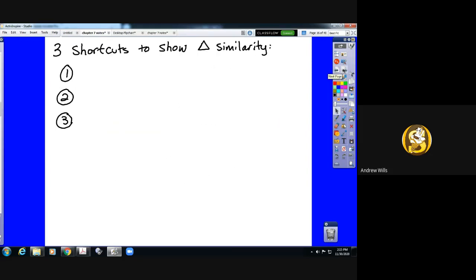Those three shortcuts are angle-angle similarity, which is a postulate. We would abbreviate that as angle-angle and then the similar symbol, angle-angle similarity.